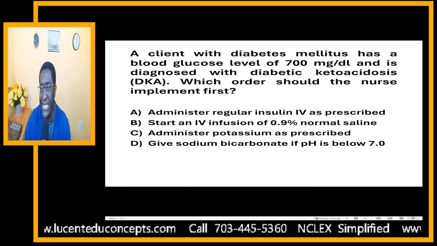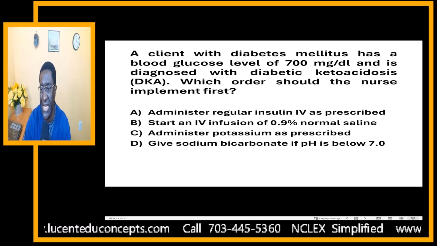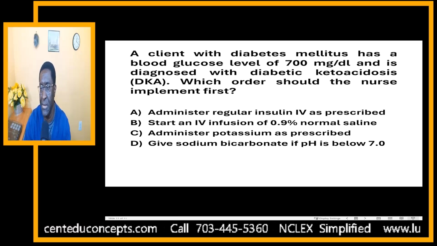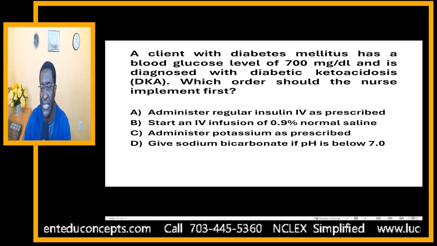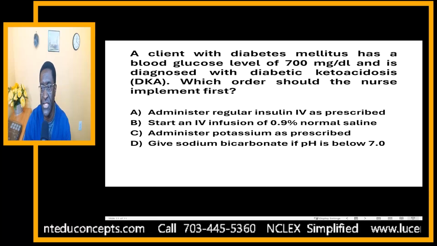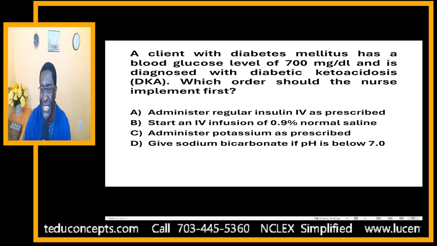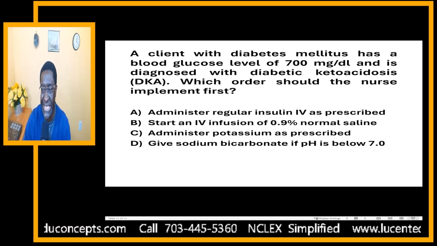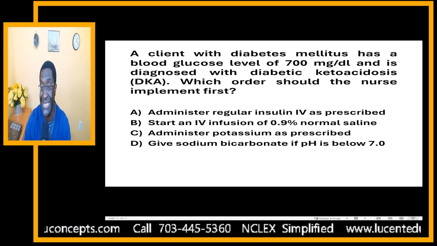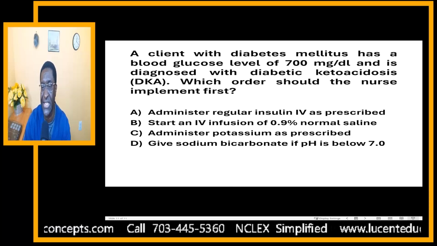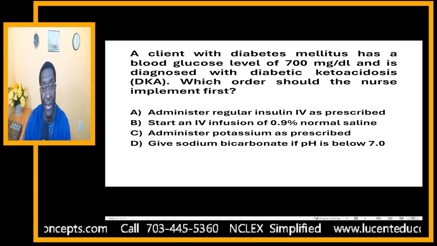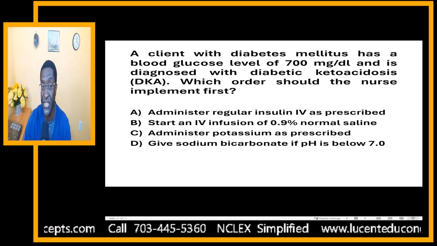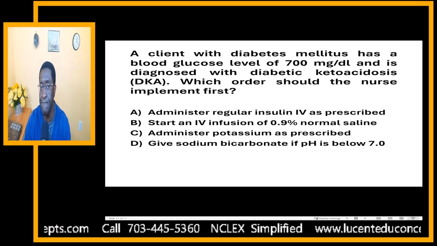A patient with diabetes has blood glucose levels of 700 milligrams and is diagnosed with DKA. So what is the preceding sentence? Is diagnosed with. So our emphasis is on DKA. I believe we've looked at what is DKA, what are the treatment options for DKA.